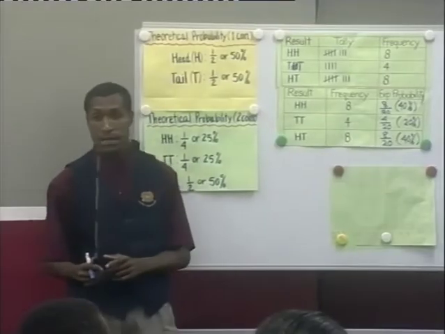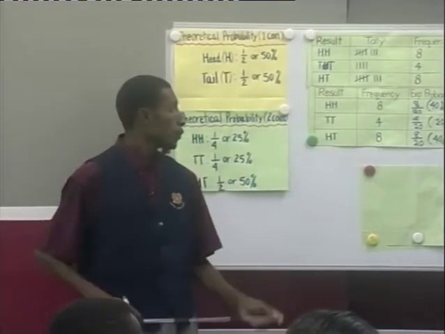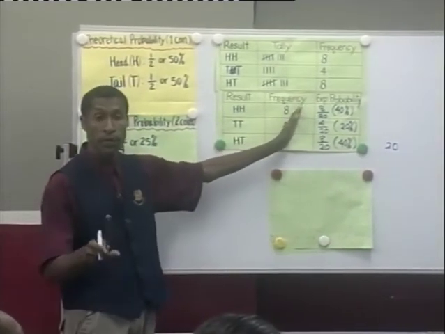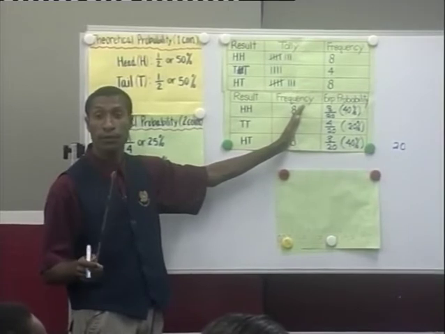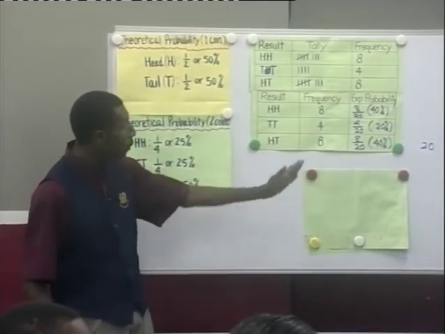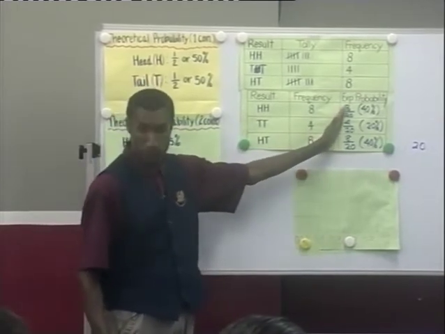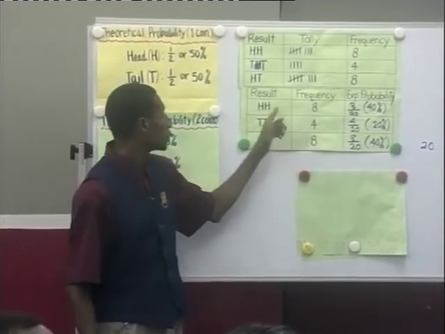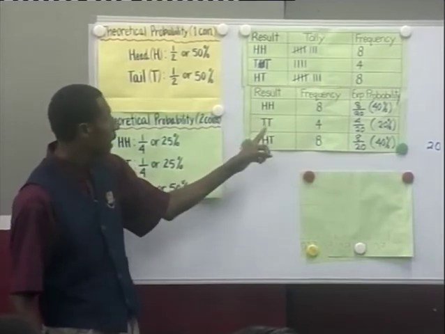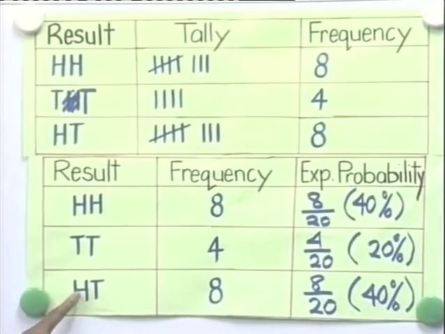Now, our activity for today, you are going to calculate the probabilities of the two coins that you have tossed for 50 times. I've just given you an example of how you can calculate the probability. So you calculate the probability of head-head, tail-tail, and head-tail.